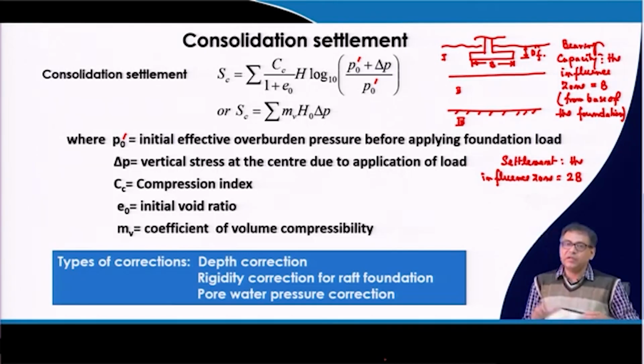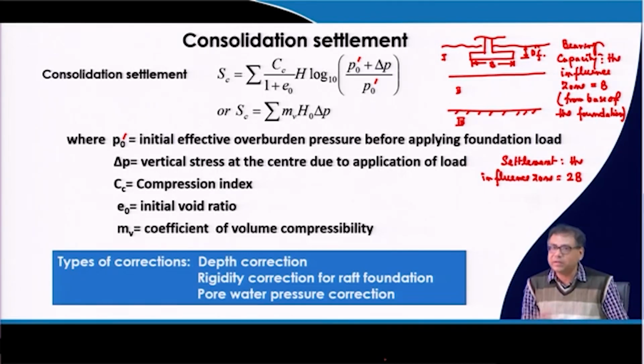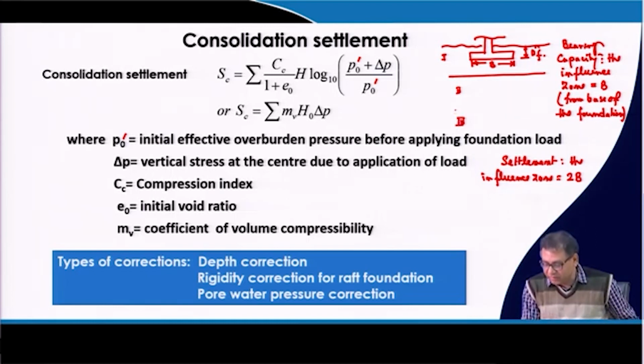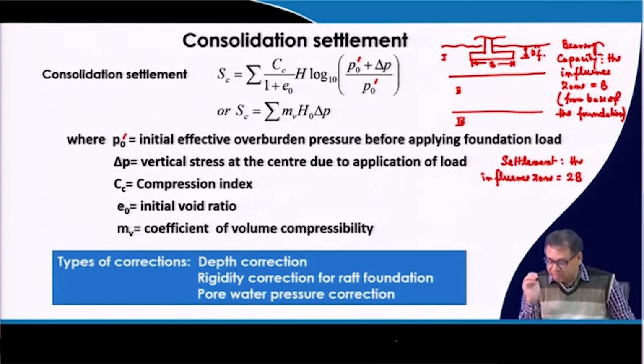Clear? And if within twice B there is no rigid strata, then you consider up to twice B, and that may be within your third layer, fourth layer, any layer. Just remember that. Now I am going to calculate P0 dash.